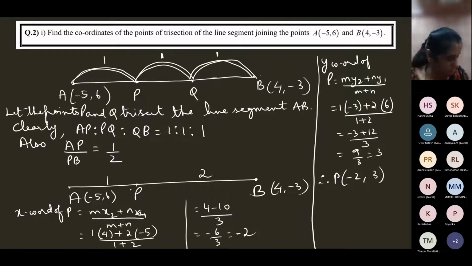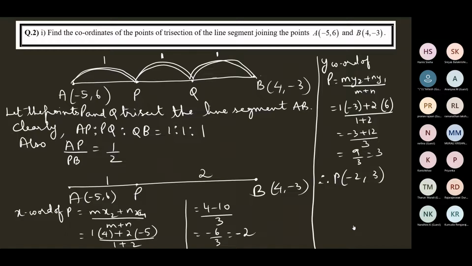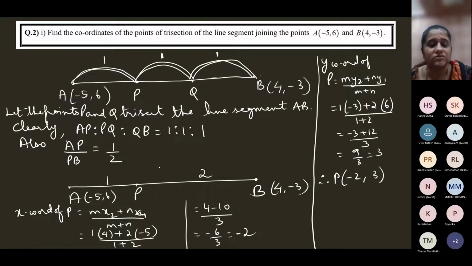So m is 1, n is 2, and you know x1, y1, x2, y2.